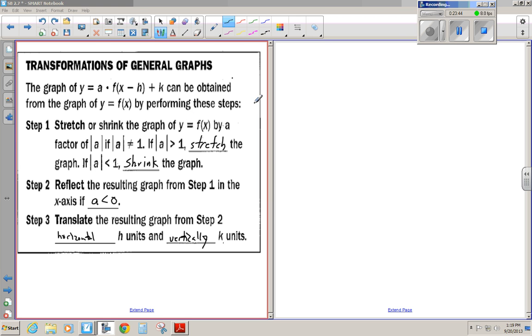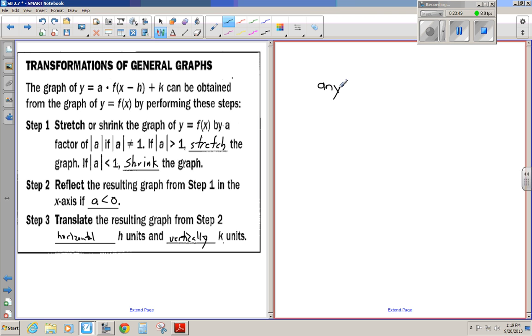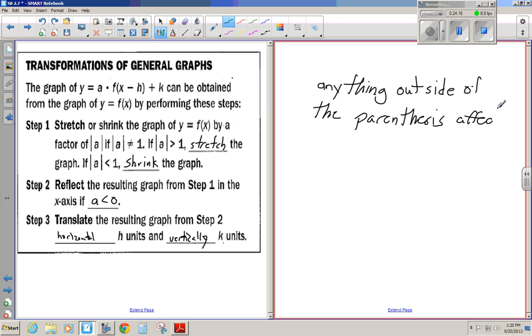All right, so for these, basically there are 2 general rules. Anything that's outside of the parentheses affects the y.